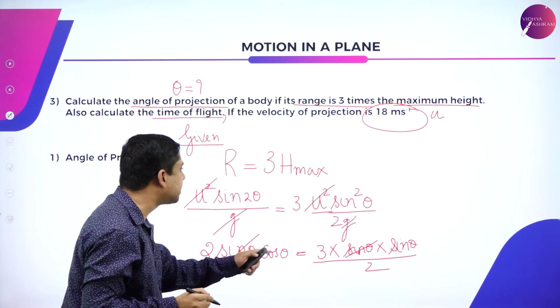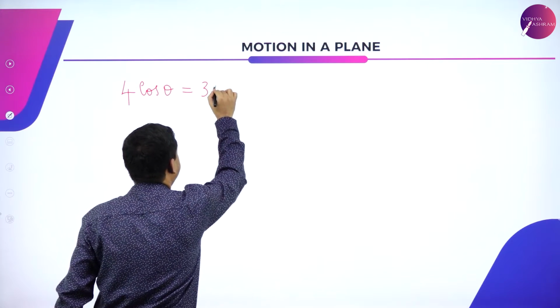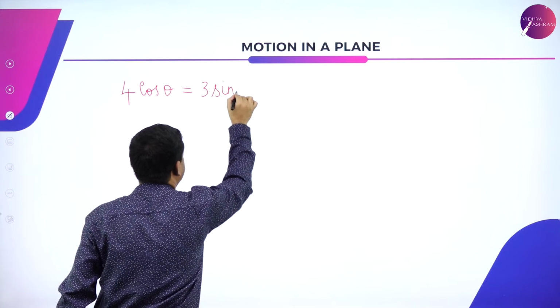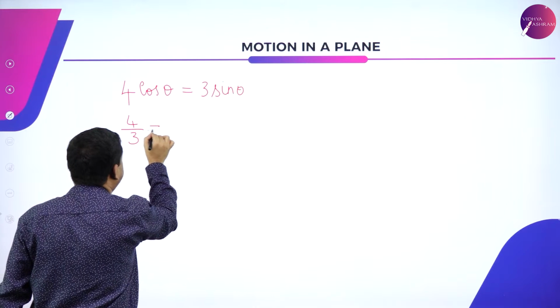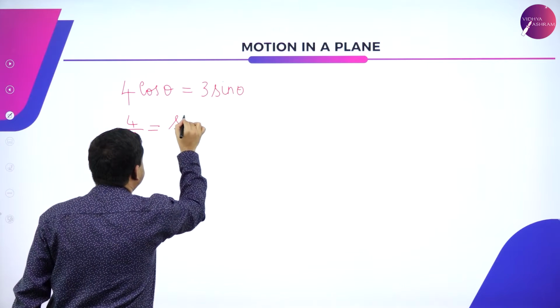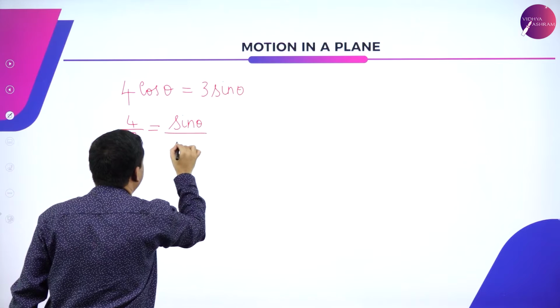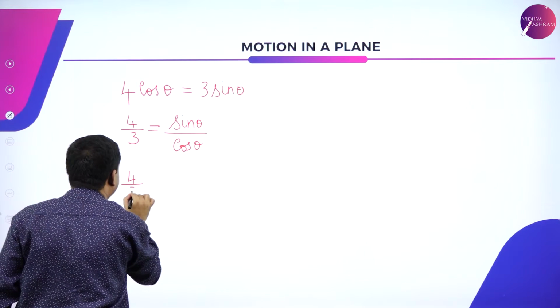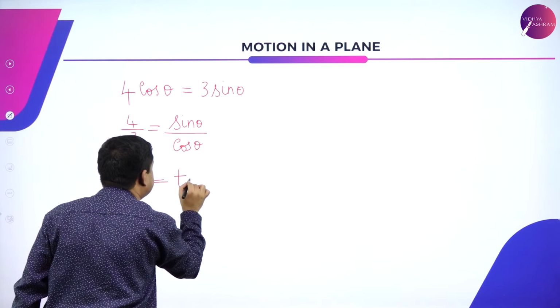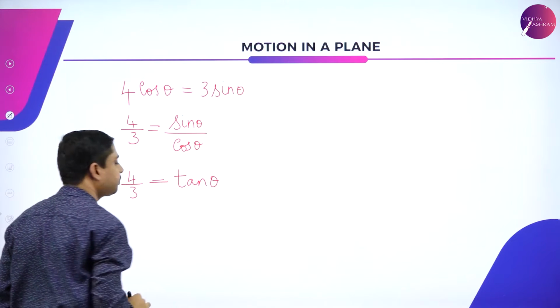So 4 cos theta is 3 times sin theta, or 4 by 3 equals sin theta by cos theta. 4 by 3 equals tan theta.